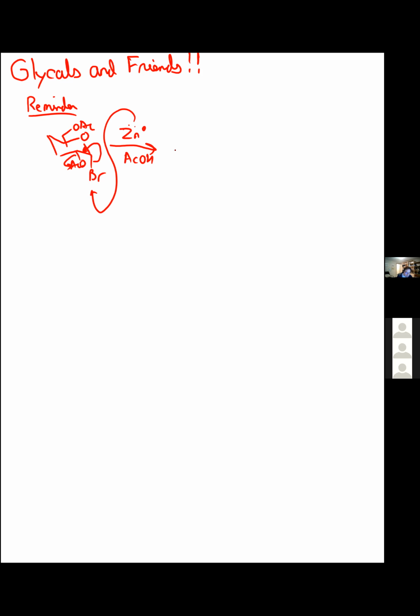It doesn't do this in, you know what, I shouldn't draw it like that because it doesn't do this in one step. It can't stereochemically. There, bye-bye acetate.